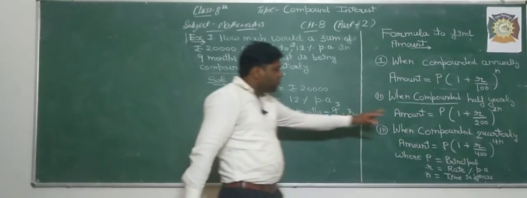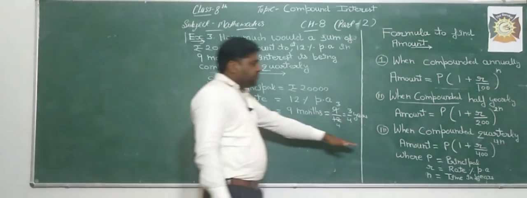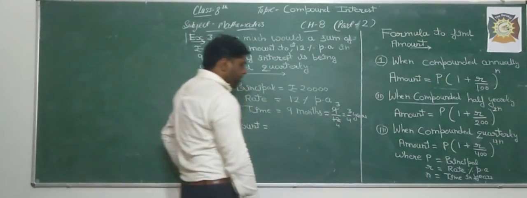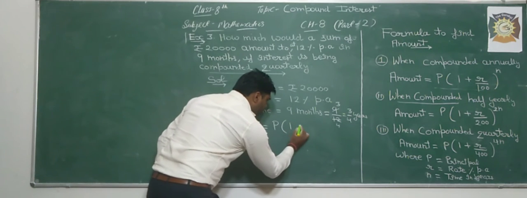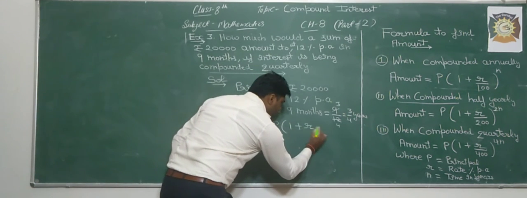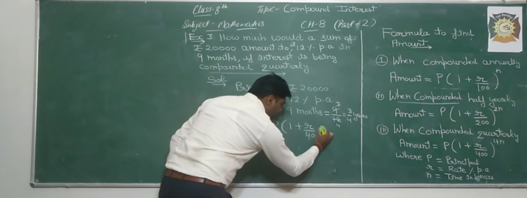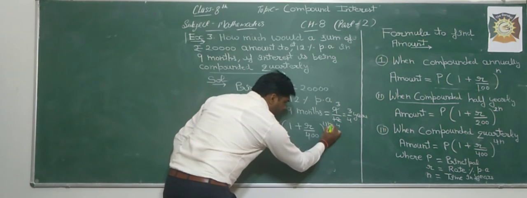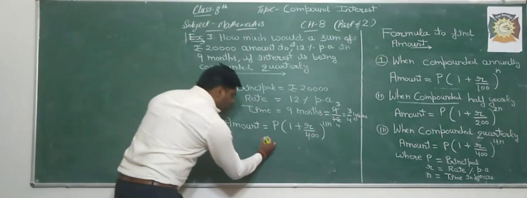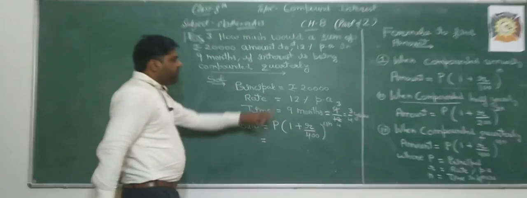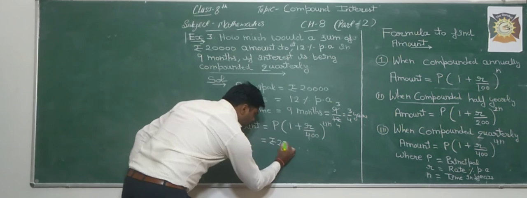Then because it is compounded quarterly, as given here, we can use this formula: principal into 1 plus rate upon 400 raised to the power 4n. Now just putting the values of the given things. So first, what is this? This is the principal, and the principal is 20,000.